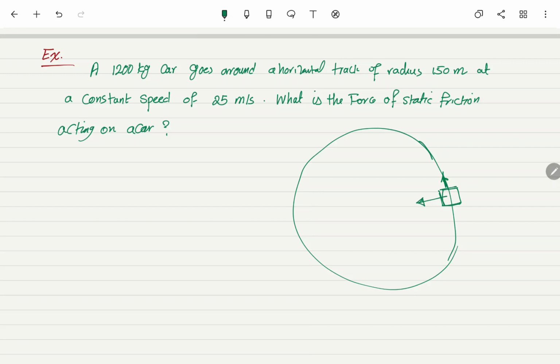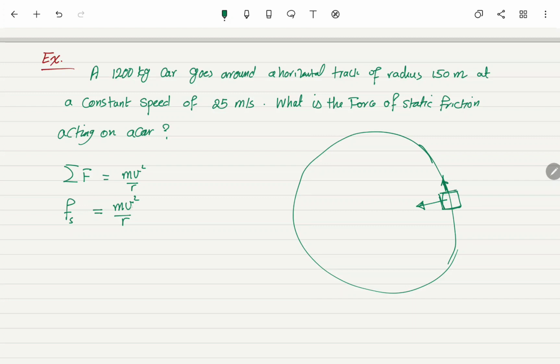In order to solve this example, the sum of all forces equals mv square over r. In other words, the only force that we have here is the static friction. So the static friction is equal to mv square over r.